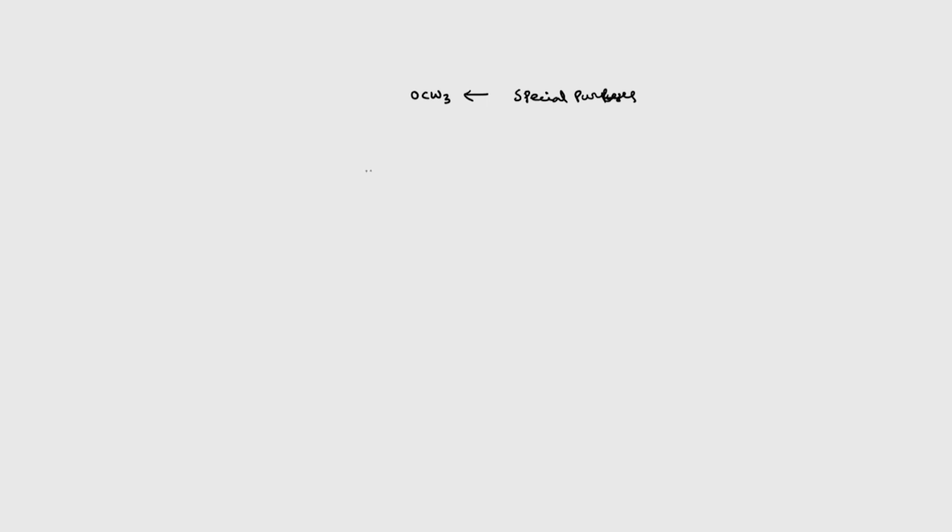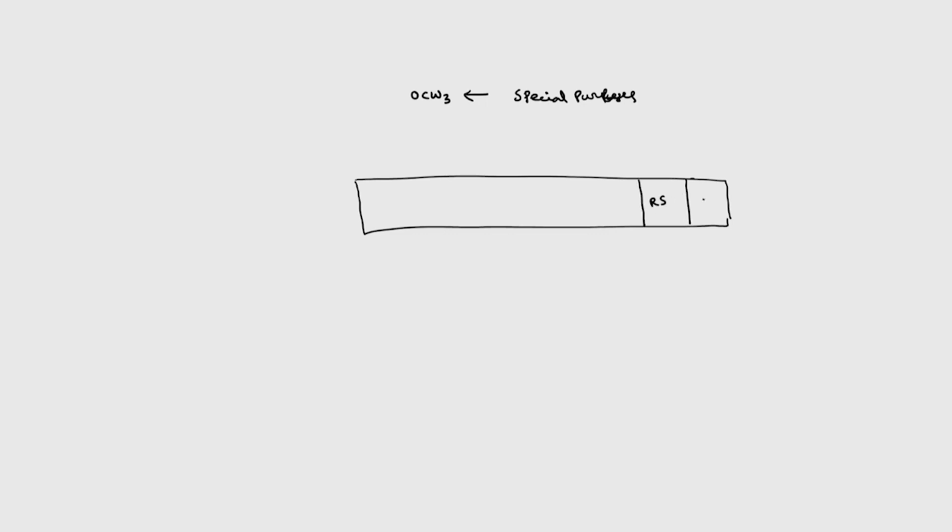The format of this OCW3 is this: PR, RS, then we have 0, 1 by default, then ESMM, SMM.